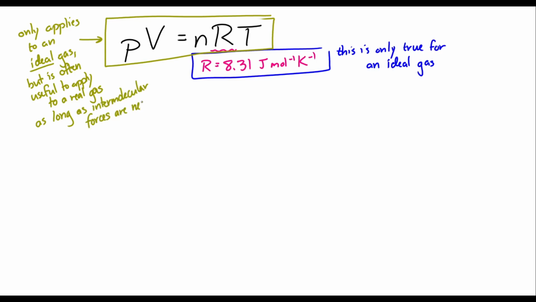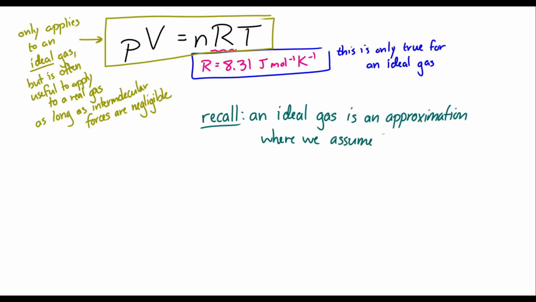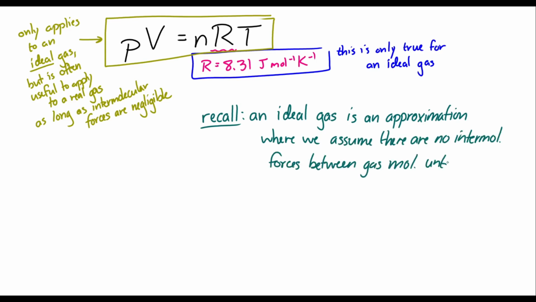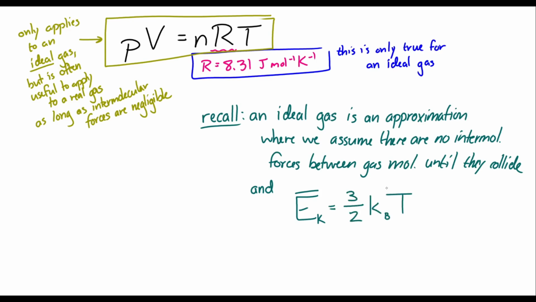Because remember, an ideal gas, we've seen that before, is an approximation that we use where we assume that there are no intermolecular forces between the gas molecules until they collide. And previously, when we saw ideal gases, we had an expression for the average kinetic energy of a molecule in the gas. The average kinetic energy of a molecule of ideal gas is equal to 3/2 k_B times T, where k_B is Boltzmann's constant and T is the temperature of the gas.